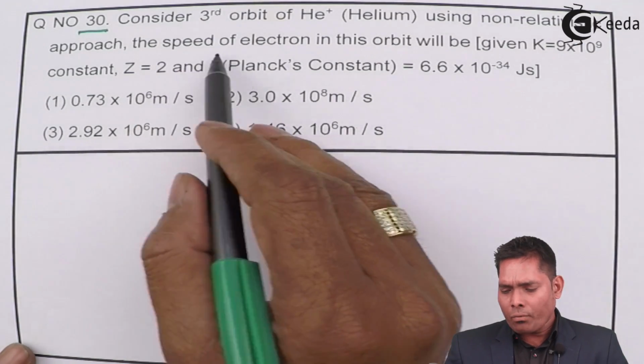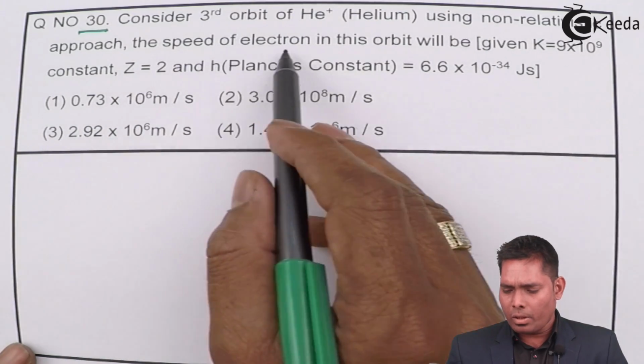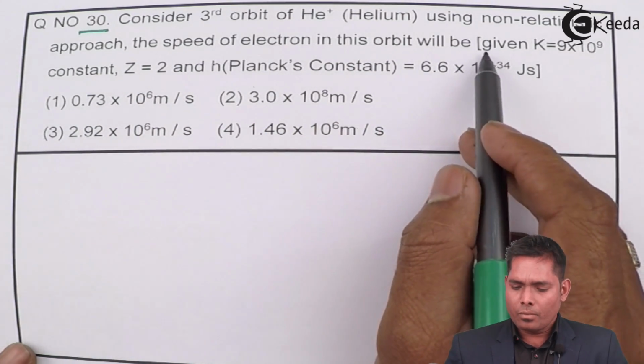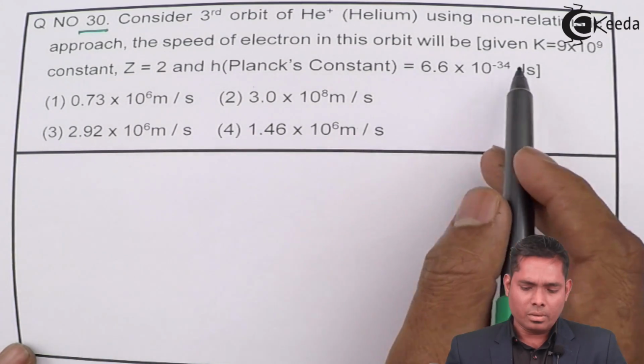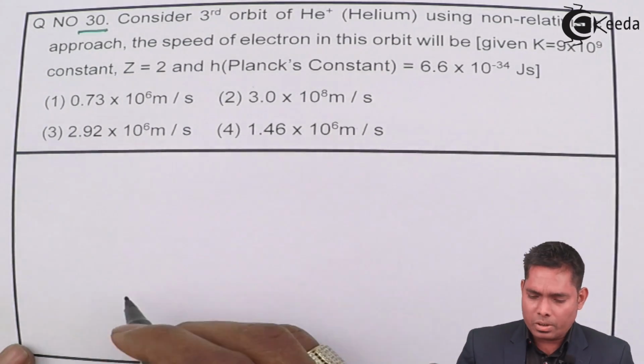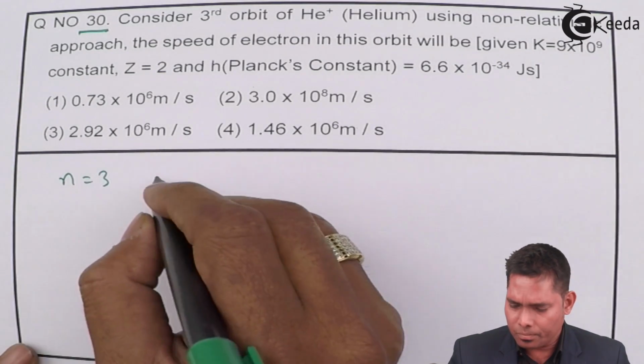Then the speed of the electron in this orbit will be constant. Z is 2 and n is 3, the third orbit.